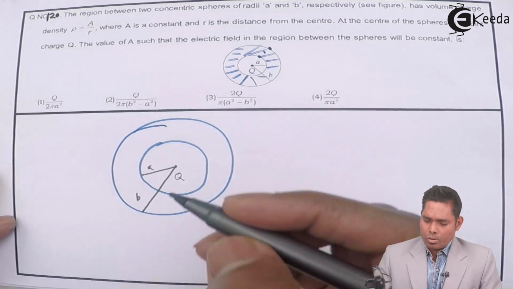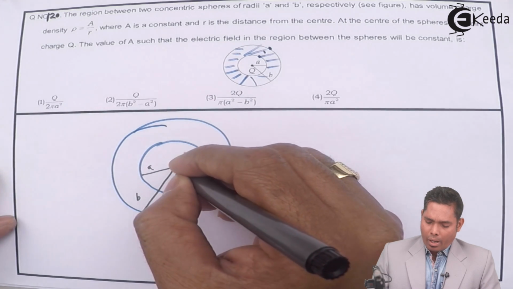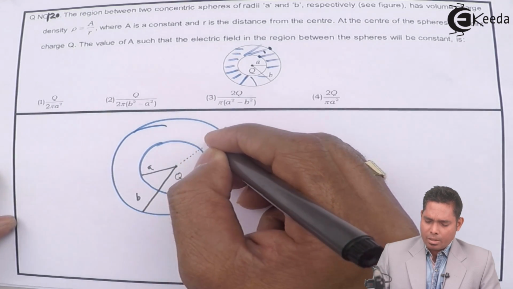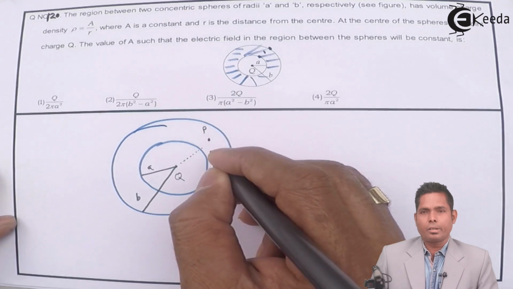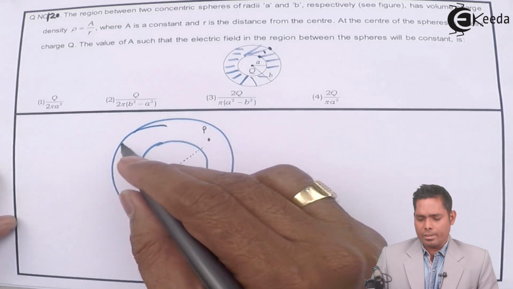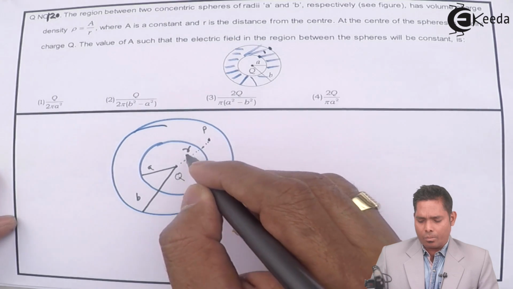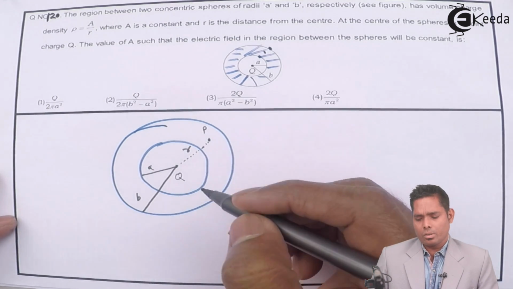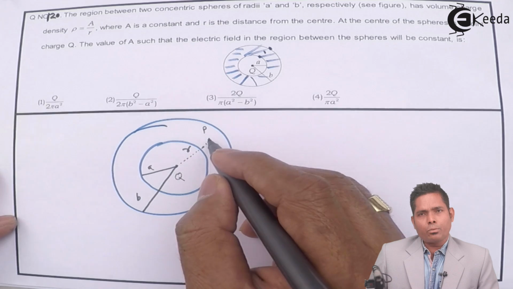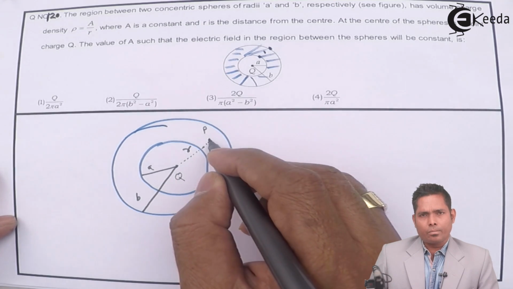Suppose I consider point P inside it at a distance r from the center of the sphere. I want to find the electric field at this point P.